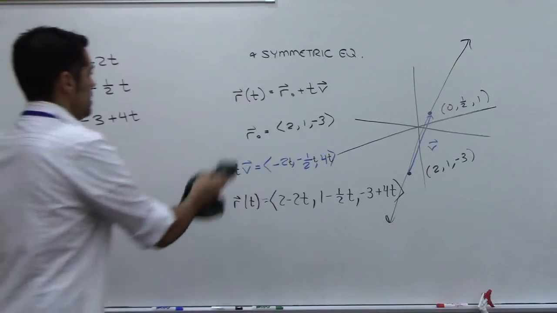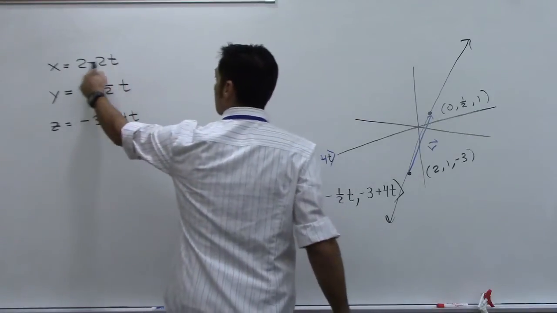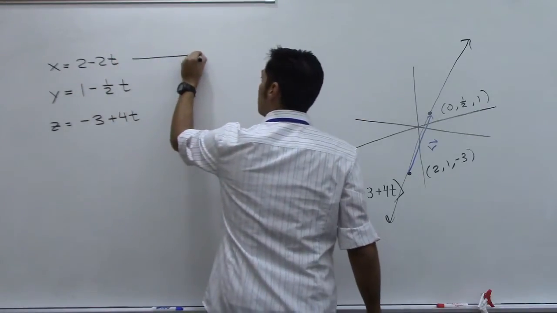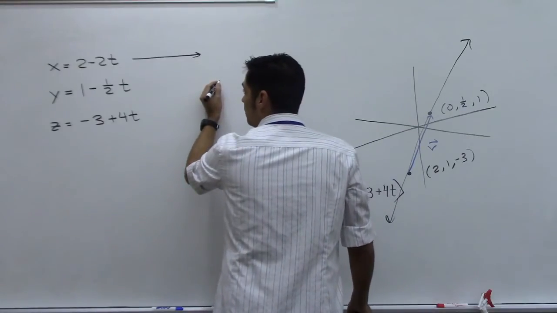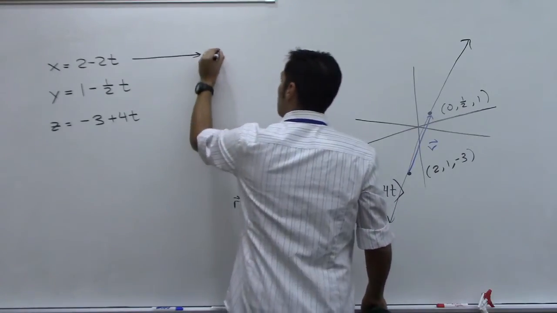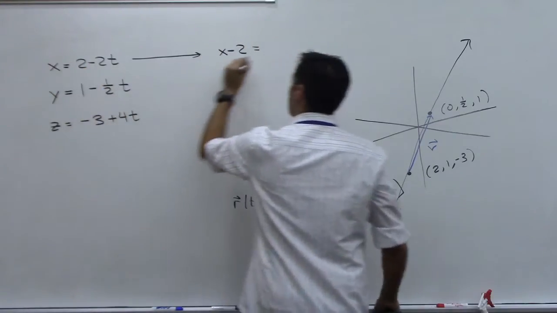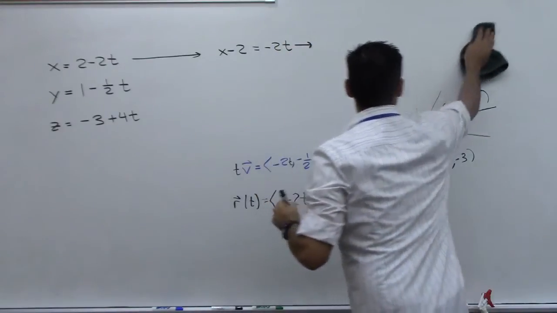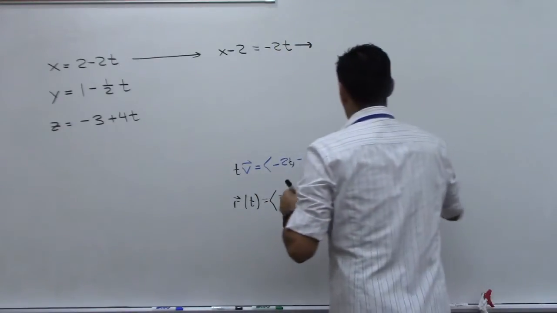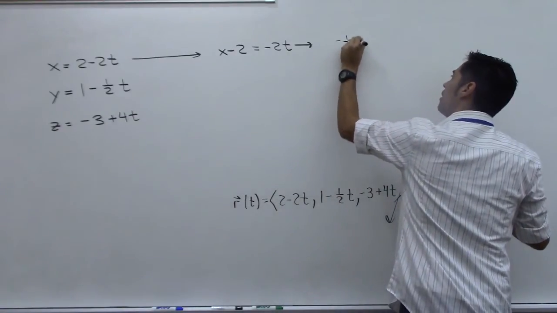So to do the symmetric equations, all we do is take each of these and solve them for t. So if I take this and solve it for t, it depends on how you want to do this. I'm going to move the 2 to the other side. And then I'm going to divide by negative 2. So when I divide by negative 2, I get negative 1/2 x.